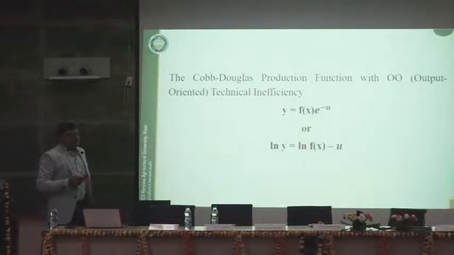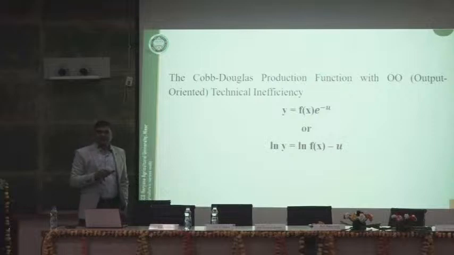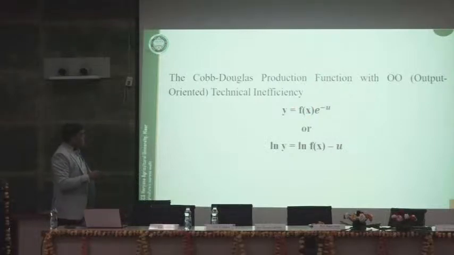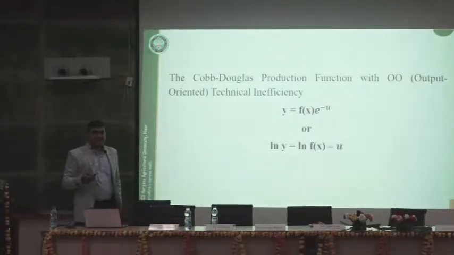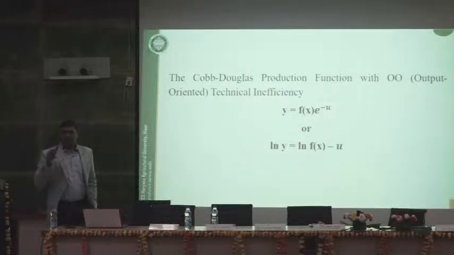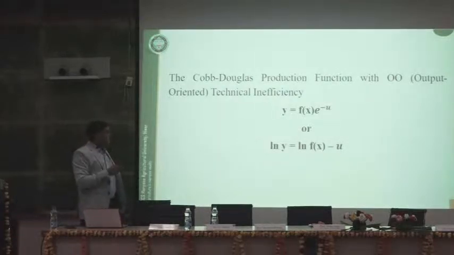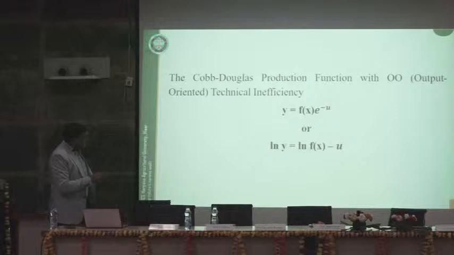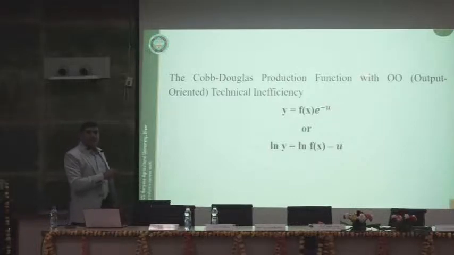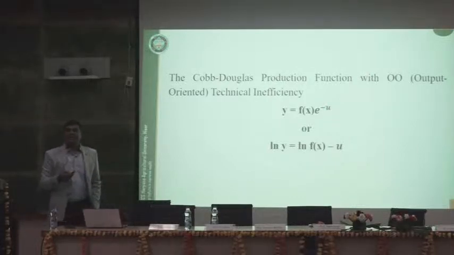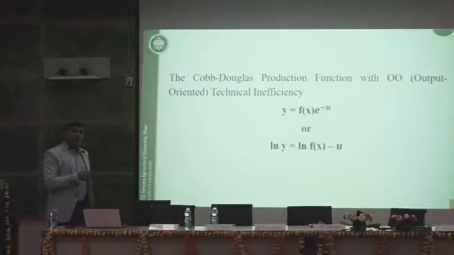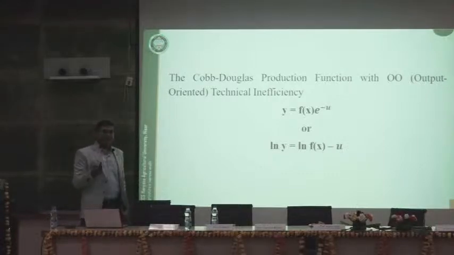So in this function, how does the inefficiency occur? In the Cobb-Douglas function, y is equal to f of x, and this mu is the factor of inefficiency. In the next lectures we will discuss inefficiency. So how to measure the inefficiency using the Cobb-Douglas production function, we will discuss later.